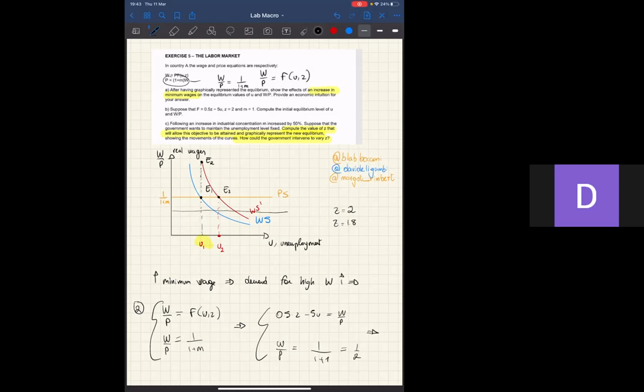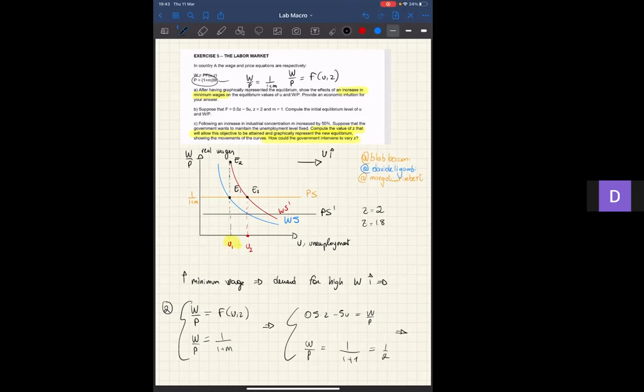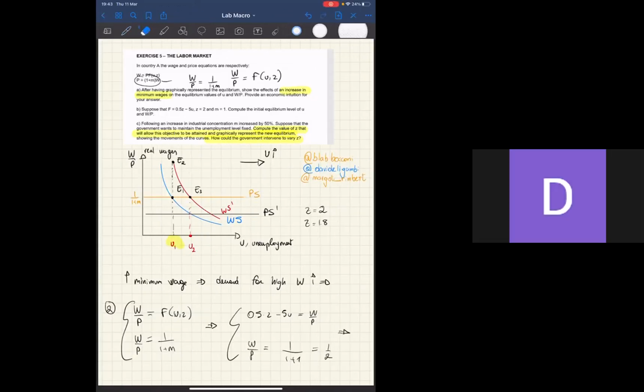So obviously there's quite a few colors in the graph, but this should be price setting prime, meaning that in theory, our unemployment should go to the right, meaning that it's going to increase. In order to keep it where it was before, we are going to have to increase the wage setting.